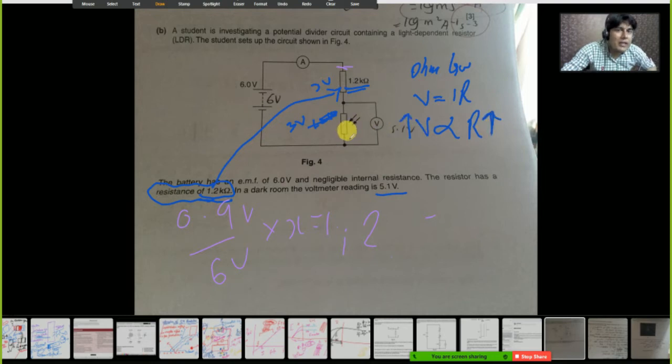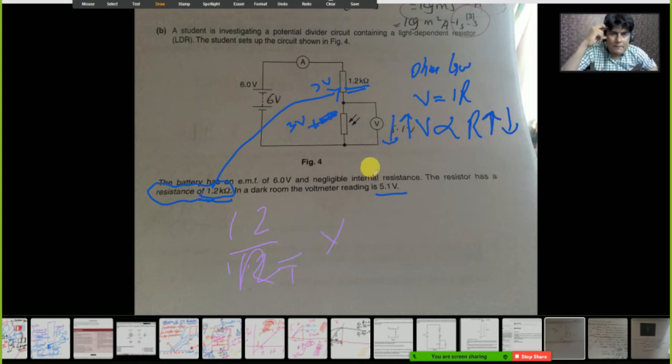But in the morning, the voltage is low, because this is an LDR, which is a light dependent resistor. So in the morning, resistance will decrease. If the resistance decreases, then the voltage across this will also decrease, without going to the voltage divider rule.